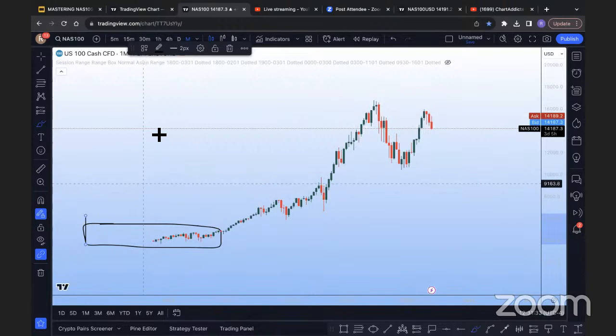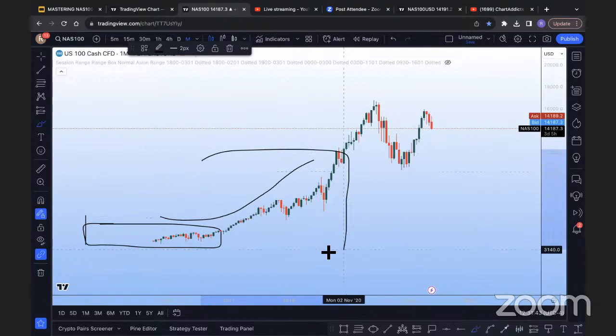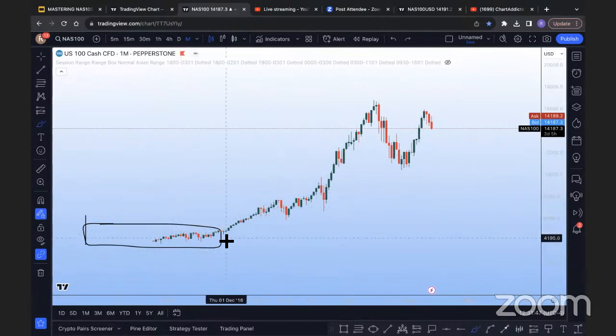Some of the biggest technologies that drove Amazon, Tesla, Google and Netflix and all those companies didn't really happen until this period here. Prior to, let's call it 2016, there really wasn't a lot of attraction to NAS100 as opposed to, let's say, US30 and some of the industrial stocks. And overall, the markets weren't moving that crazily.